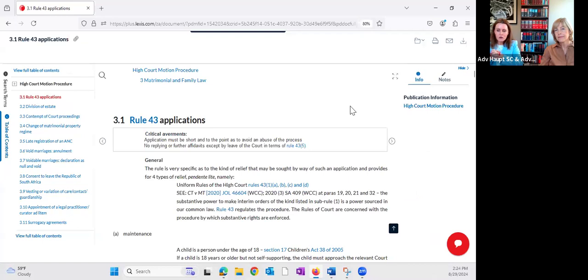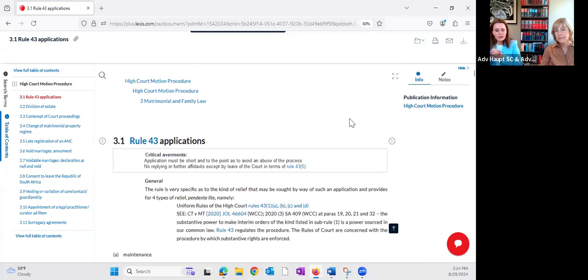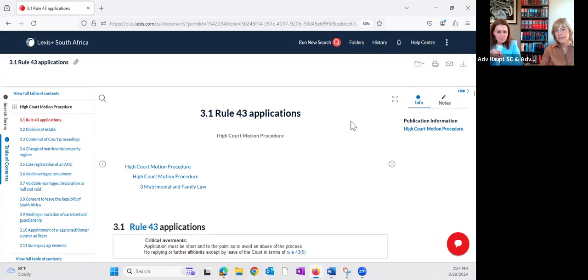But you do that at your own peril, because the authorities are very clear that a case must be made out in the founding affidavit. Only something that you could not have anticipated, for instance, would have been raised, can you then address as something new in your replying affidavit.